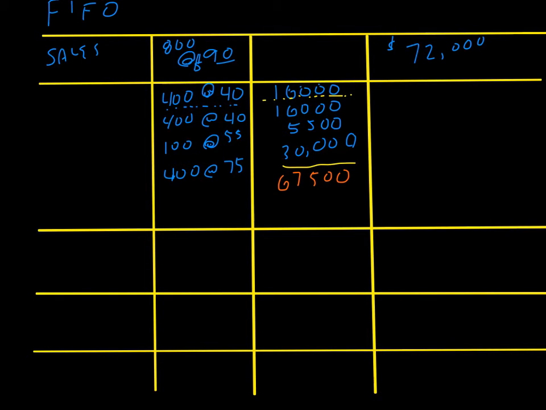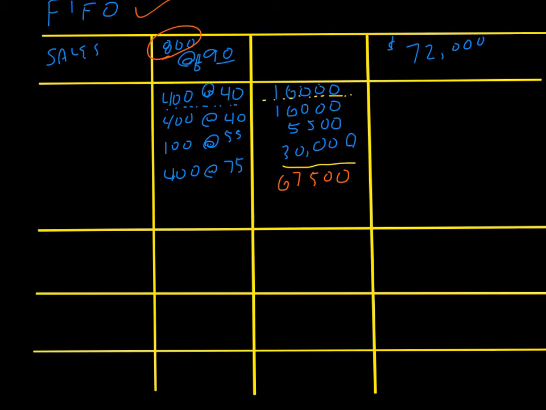Okay, now here comes the tricky part. Remember that we're using FIFO, first in, first out. We have sold 800 units, right up here, 800 units. What we want to calculate now is our ending inventory. How much of these testing strips are left after we've used FIFO and the cost assigned to those testing strips.